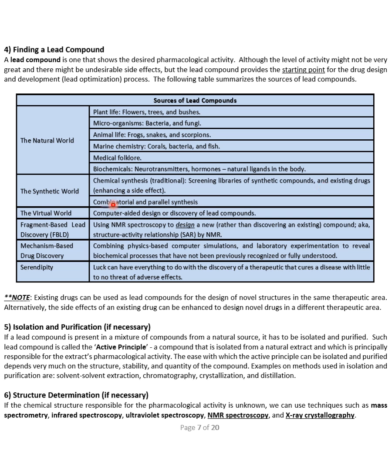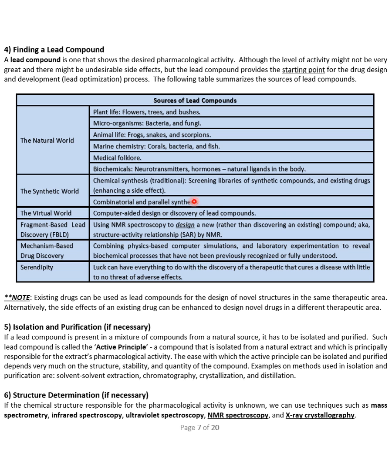Another example is combinatorial and parallel synthesis, which basically means you have certain chemical reactions that are already predefined. You start with one point and then you explore all the possibilities of designing other combinations of functional groups and end up having a combinatorial library.